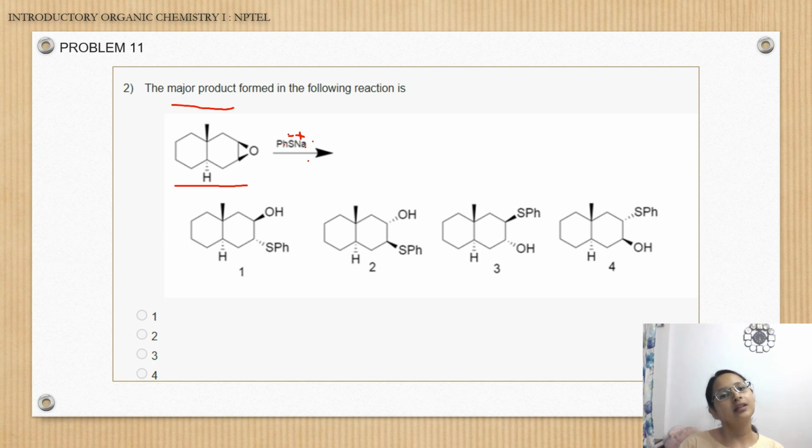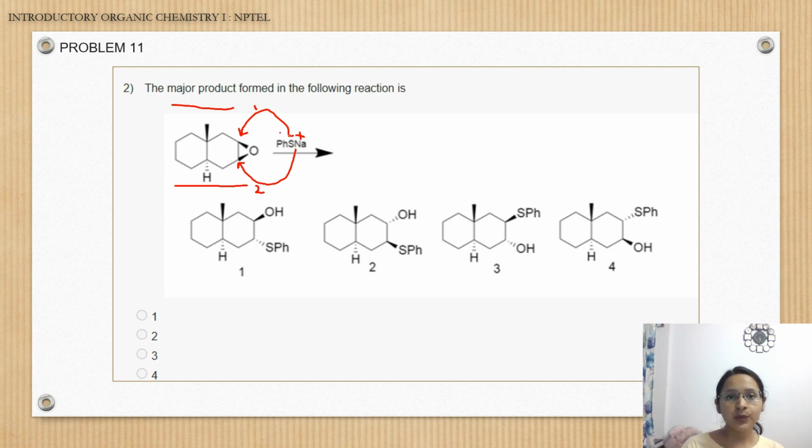Now tell me what could be the possible option for attacking of this nucleophile. There are two faces. Either it will attack on this face, or it will attack on this face. Just tell me what would be the face on which this nucleophile will attack. Backside attack, yeah, second way.